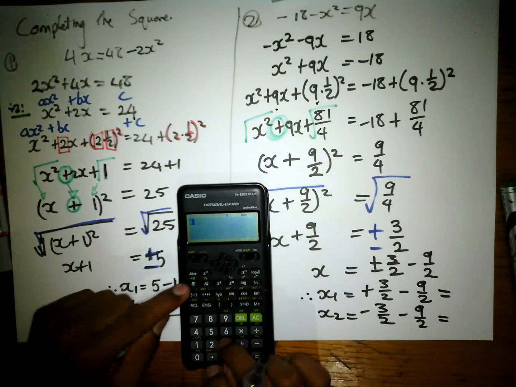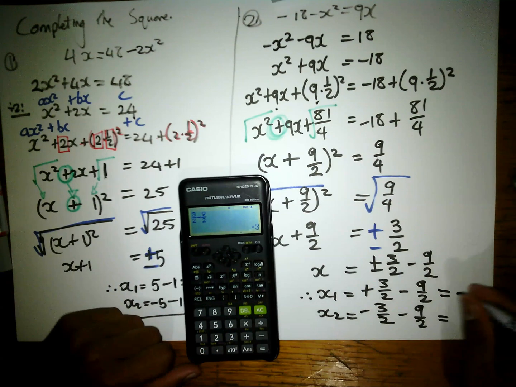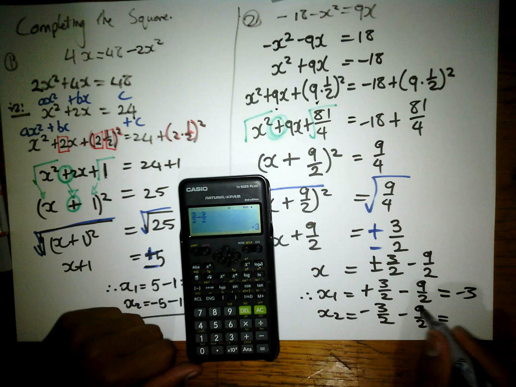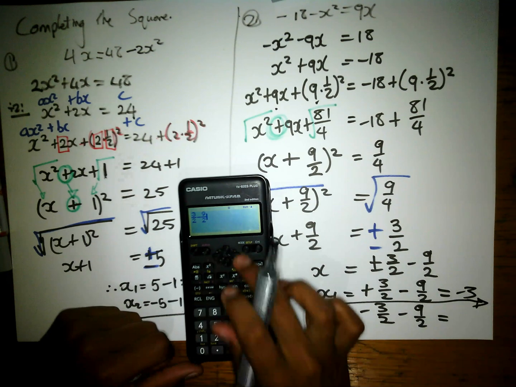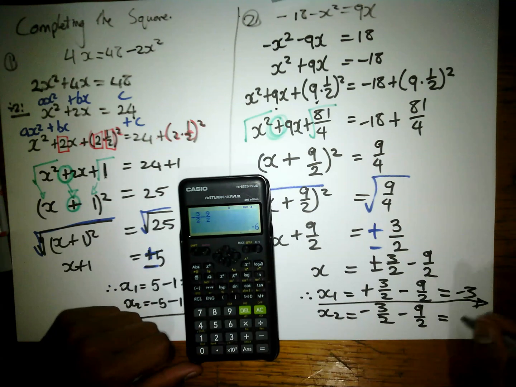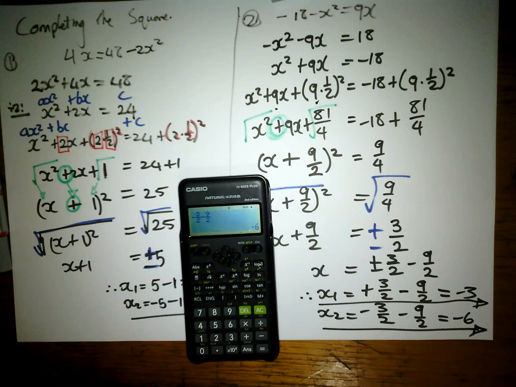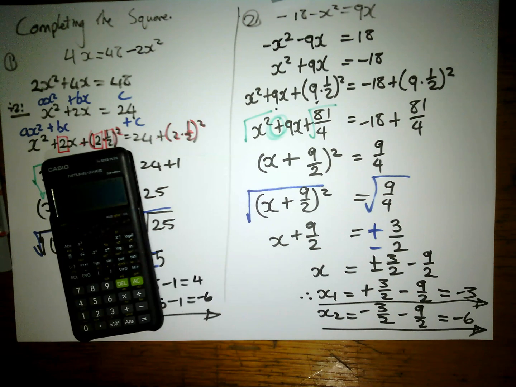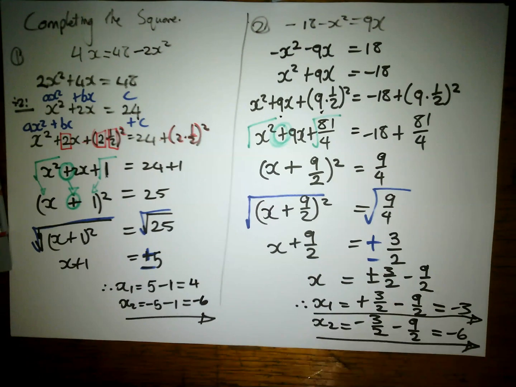Calculator. Negative 3 for this one. Negative 6 for this one. This is your answer. Exactly the same steps.